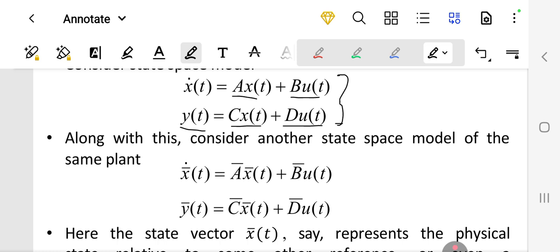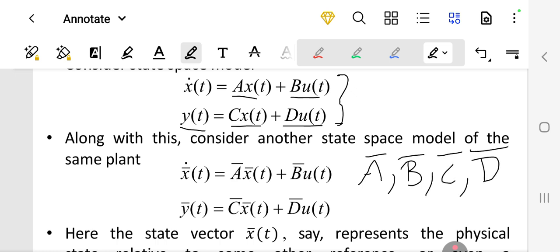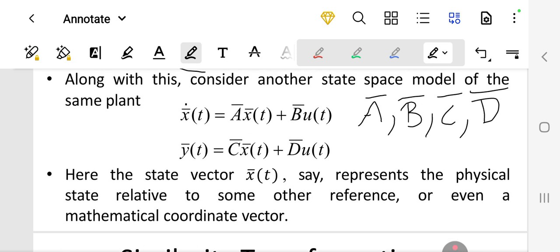We have to obtain the new matrices A hat, B hat, C hat, and D hat from the given state space model matrices A, B, C, and D. The state vector we need to reach represents the physical state relative to some other reference, or another mathematical coordinate vector.